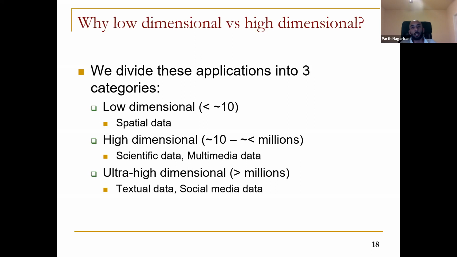And also multimedia data has very high dimensions, like the feature vectors representing an image that you get from neural networks oftentimes have hundreds of dimensions. In some specific cases, about 900 to 1,000 dimensions as well.